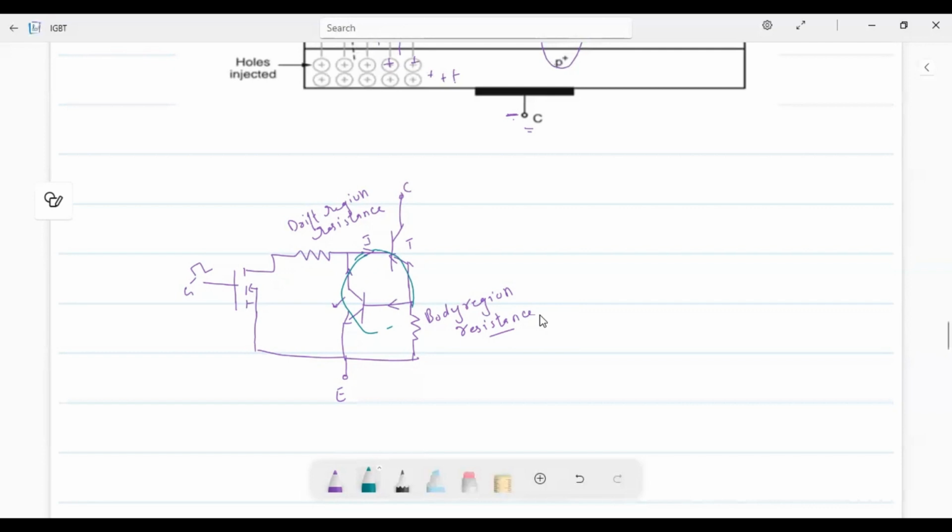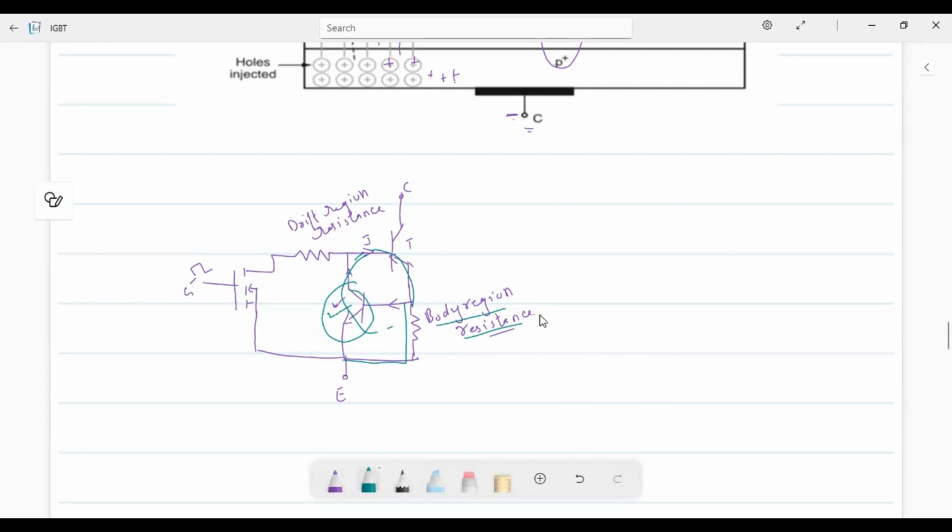So we need to nullify the effect of this transistor. For that what we can do, in construction itself we will be reducing the body resistance. That means we will be shorting this one. These two terminals will be shorted. That means reduce the body resistance. So it is just a short.